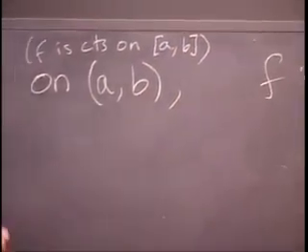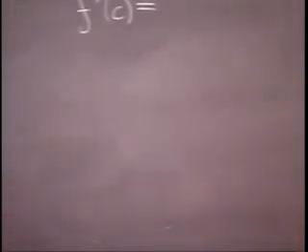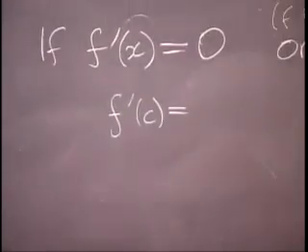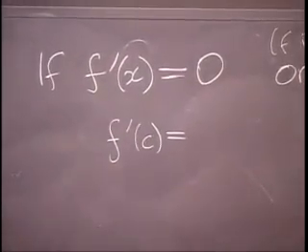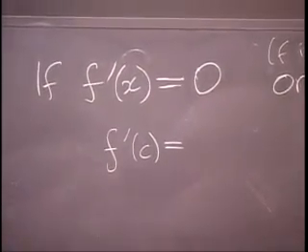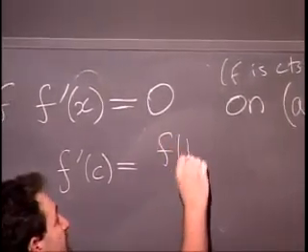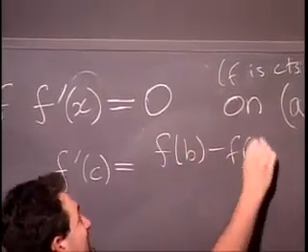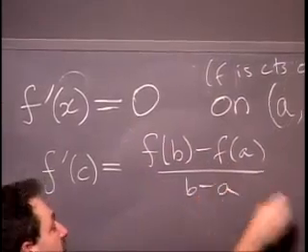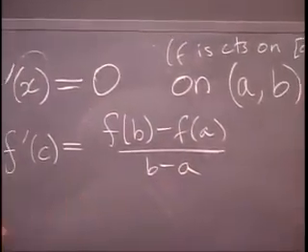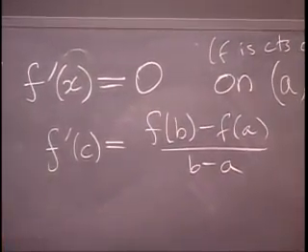It doesn't hurt to also fill in the endpoints. You can get around this, but I don't want to get too bogged down about it. Let's assume that f prime is 0. So we know f prime of c is f of b minus f of a over b minus a.